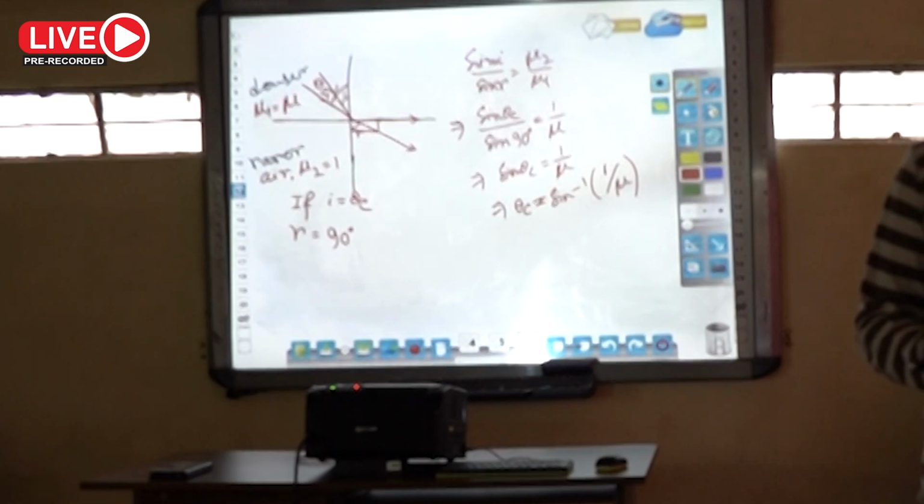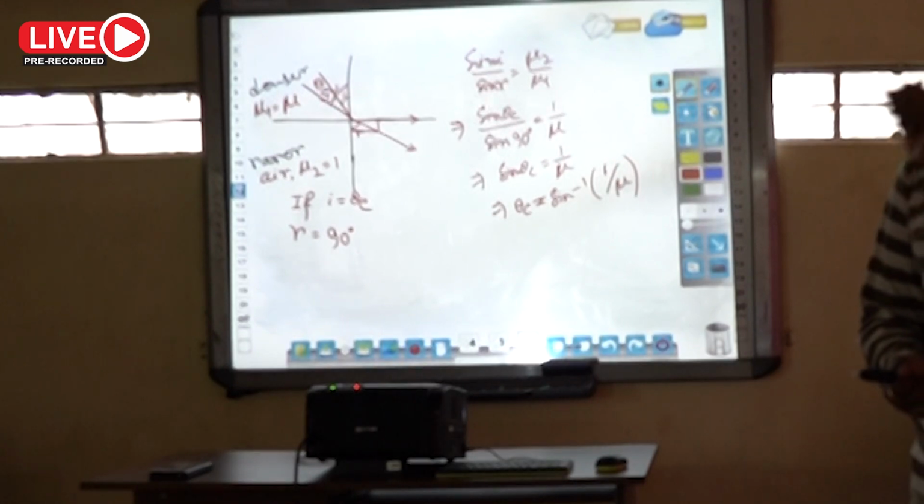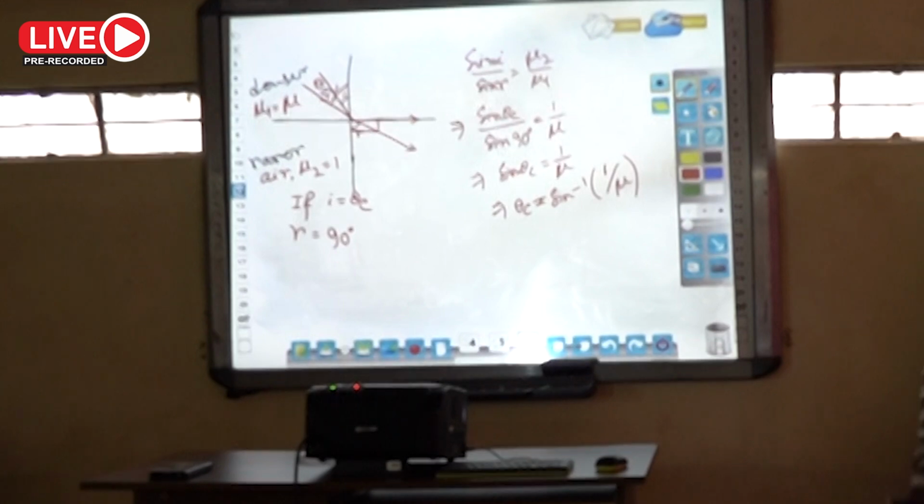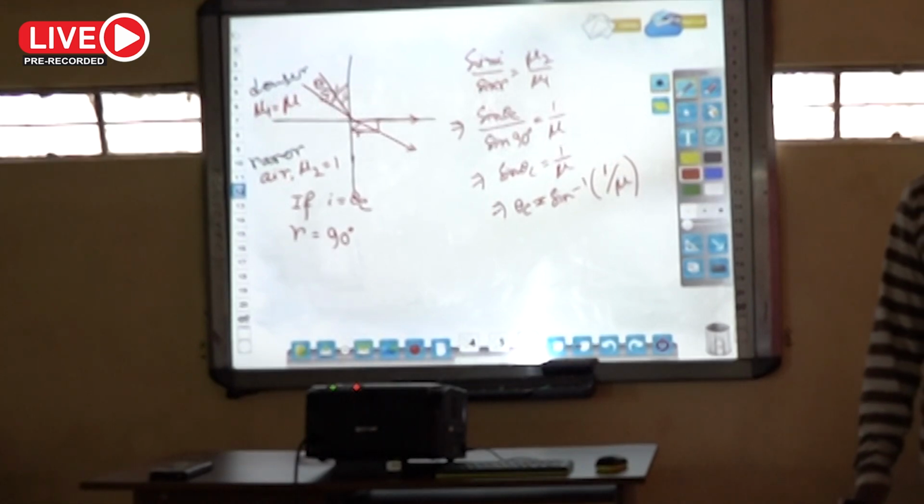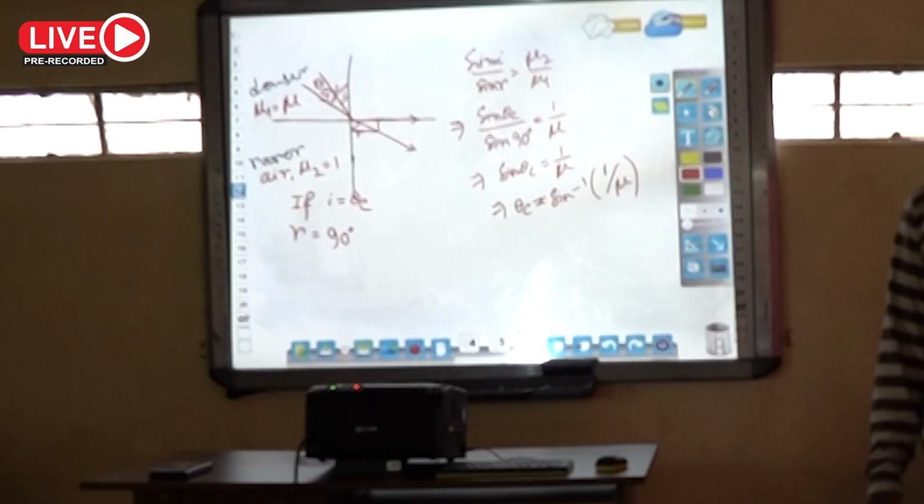For all these different colors, the critical angle will have different values, because mu depends on the wavelength, and different colors have different wavelengths, so the value of mu will change. So either you change the medium or you change the color. In both cases, the refractive index will change, and as a result, the value of the critical angle will change. So the critical angle depends on the pair of media and the wavelength of light.